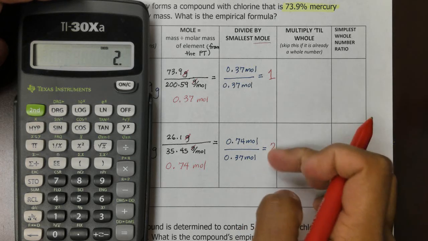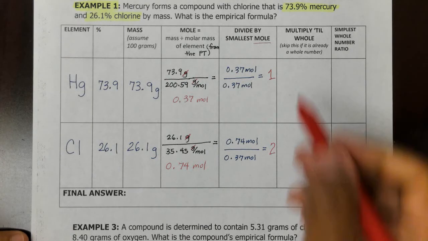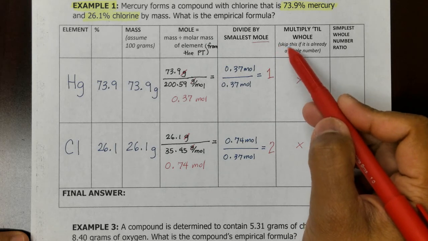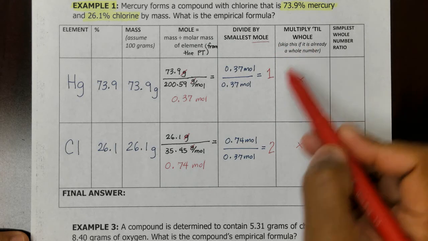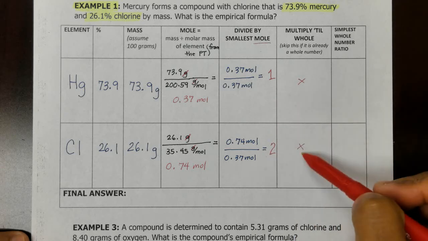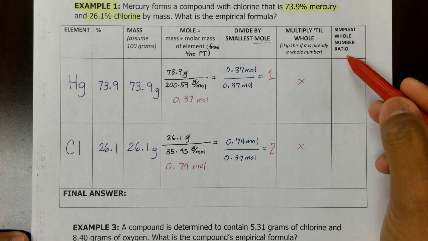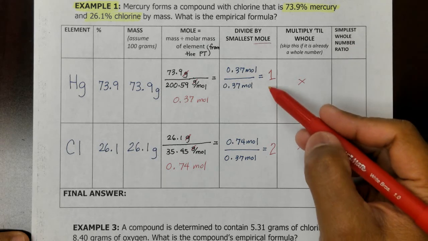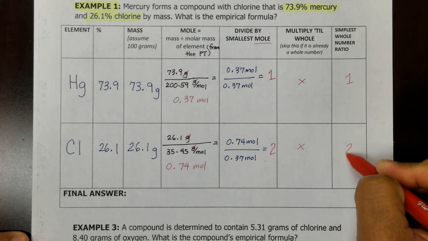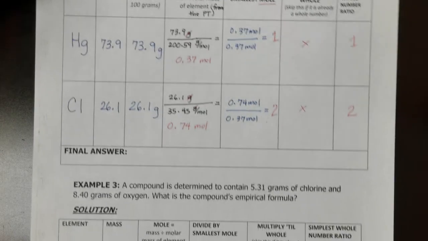So what we get here are already whole numbers. If it's already a whole number, that means we skip the next column, because it says here, skip this if it is already a whole number. So what we got here are whole numbers, so we don't do this. And so the simplest whole number ratio for our empirical formula are actually your answers for this part, which are 1 and 2, which will lead us to the final answer. What does it mean?